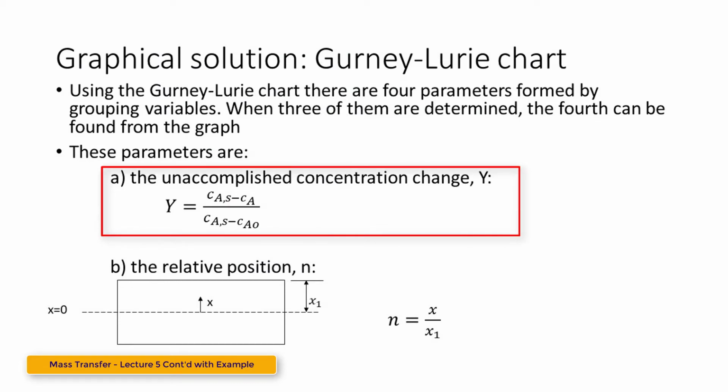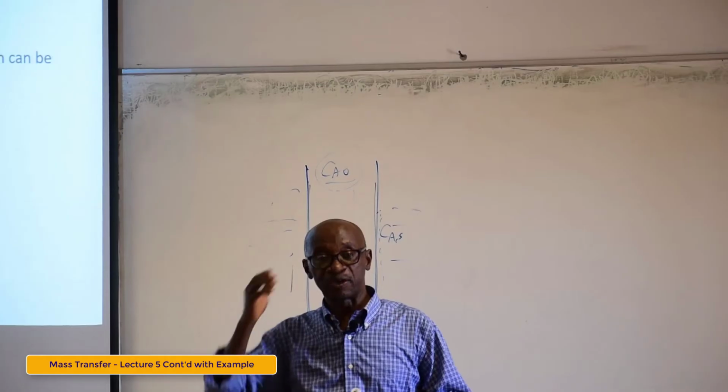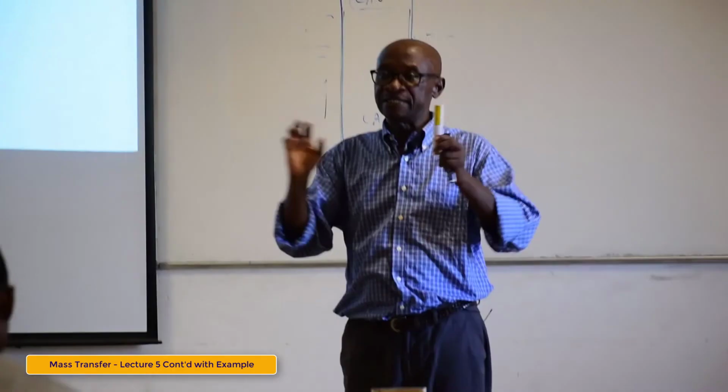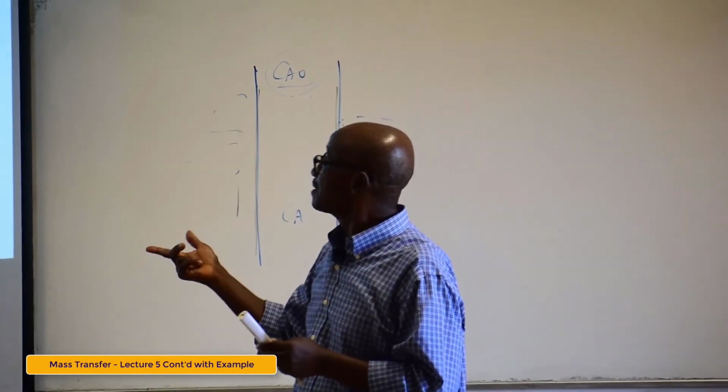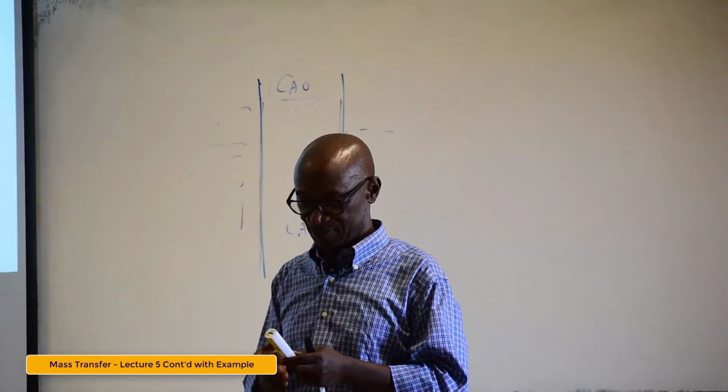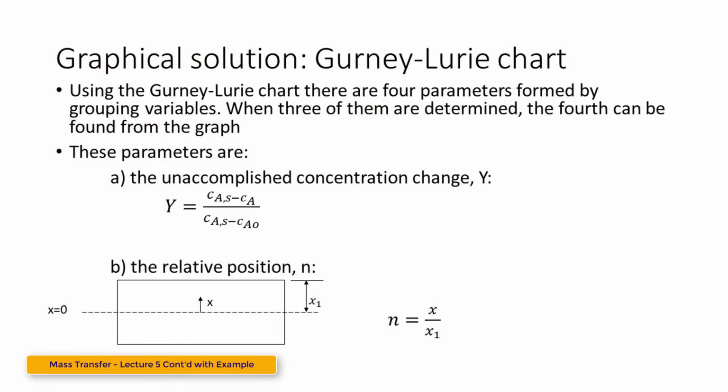The unaccomplished concentration change is defined as (CAS minus CA) over (CAS minus CA naught), where CA naught is the initial concentration. If it ever falls down to CAS, then of course it means that the driving force for mass transfer will be 0, right? If CAS is equal to CA naught, you can't get any further transfer of material happening. So that's the unaccomplished change.